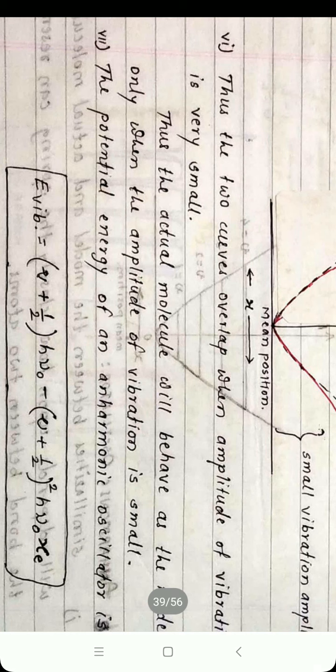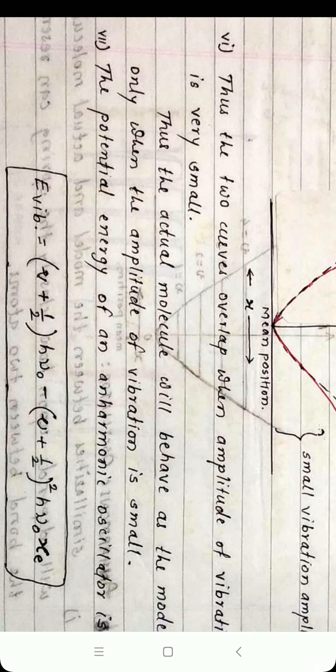Therefore, the actual vibrating molecule is considered as an anharmonic oscillator, and the ball and spring model is considered as a harmonic oscillator.